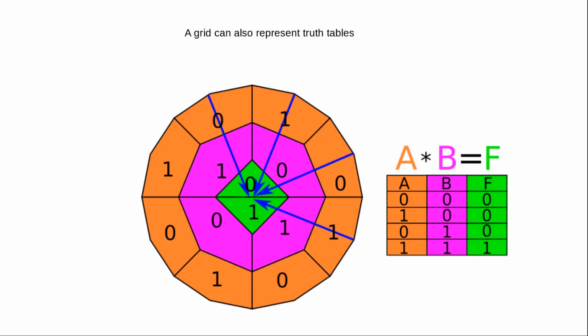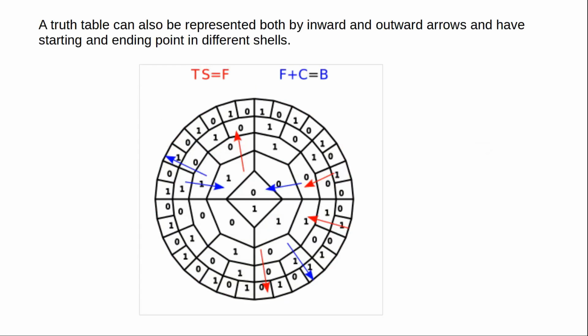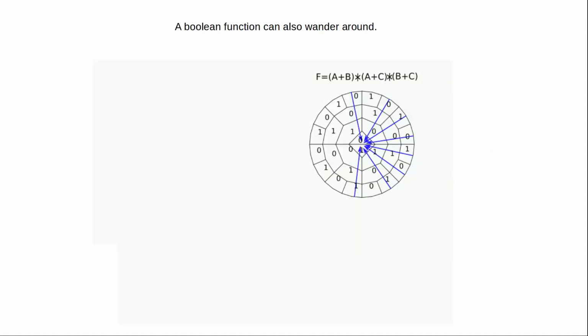A grid can also represent truth tables. The complementary radial combinations will describe the NaN truth value. A truth table can also be represented both by inward and outward arrows and have starting and ending points in different shells. A Boolean function can also wander around.